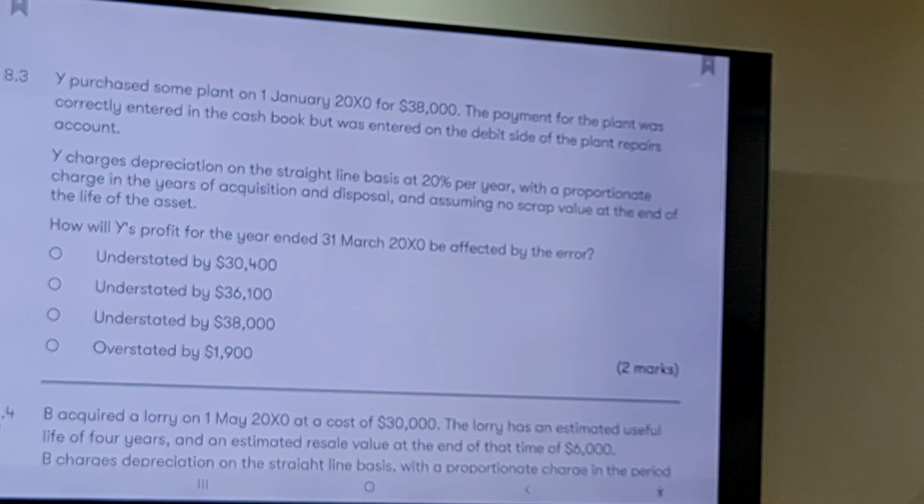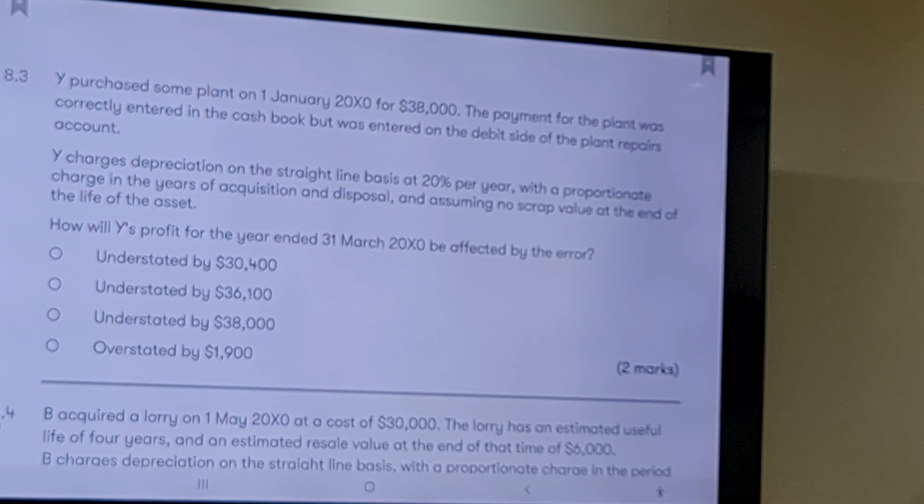No. He put everything to repair expense. Now if we calculate depreciation, what will happen to the profit? It will reduce by 38,000. And now with this 1,900 what will happen? Increase. So what is the net answer?